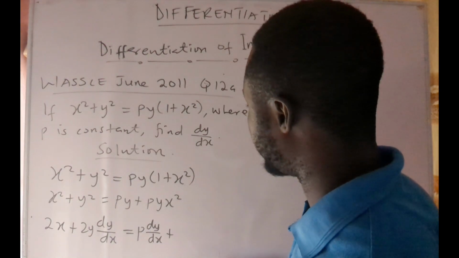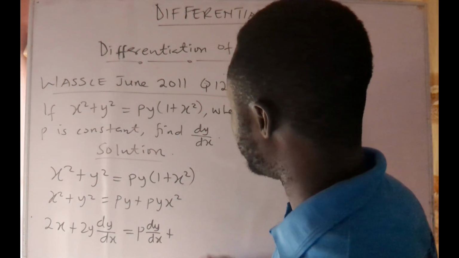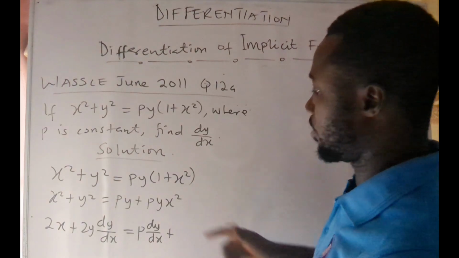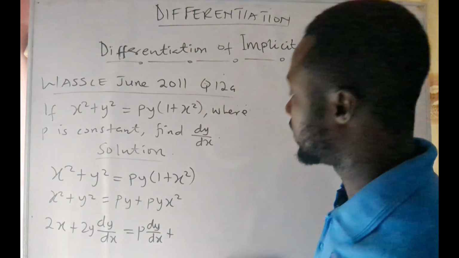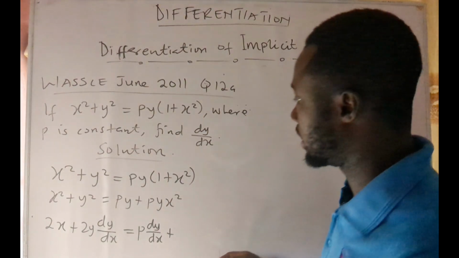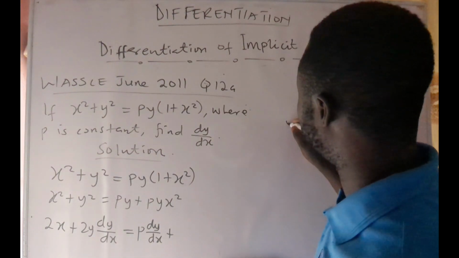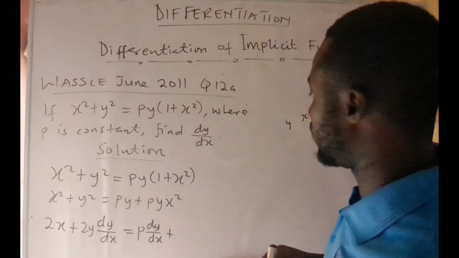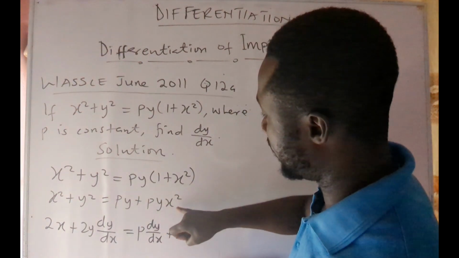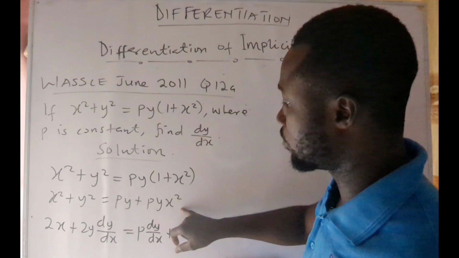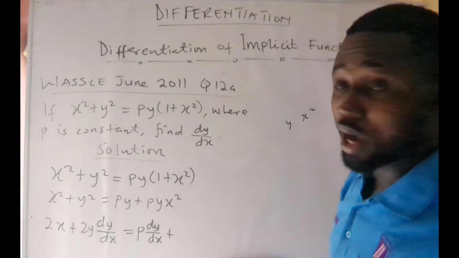Then here too we have y and then x squared. Because p is constant, our focus will not be on the p. So we are going to differentiate y, and we multiply by the p and the x squared.